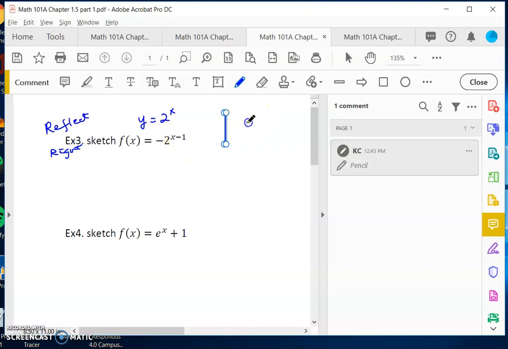So to do this, we would do a table. Because it's a shift to the right, we would start from 1 instead of 0. So when you pick your number, you pick the one where this exponent is 0, 2 to the 0. So 2 to the 0 is 1, but you have a negative, so it's negative 1. 2 to the negative 1 will be negative 1/2.